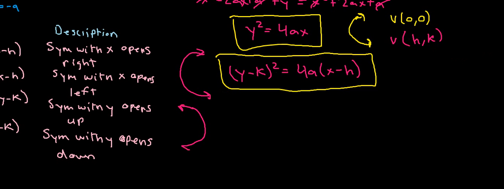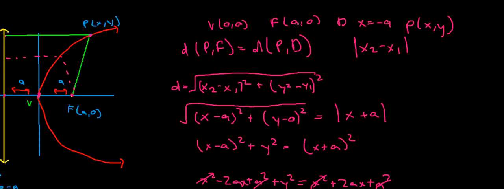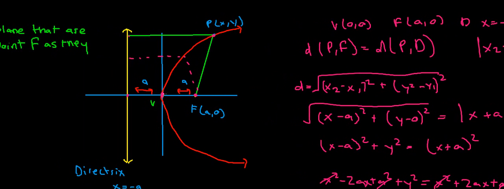Well, it's a really simple fix. Instead of the focus being a positive x value, let's take it back to the situation where I had it as the origin, and it opened to the left. That means the focus is going to be over here, and it's going to be a negative value.